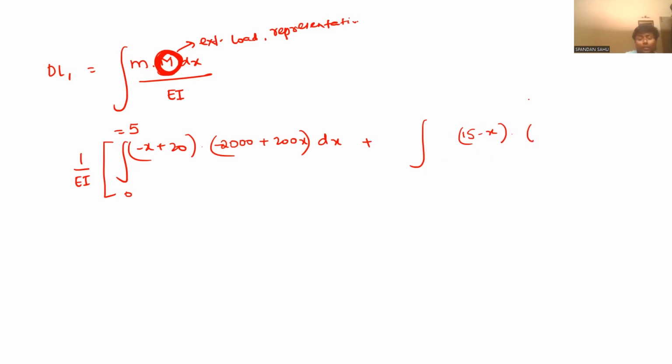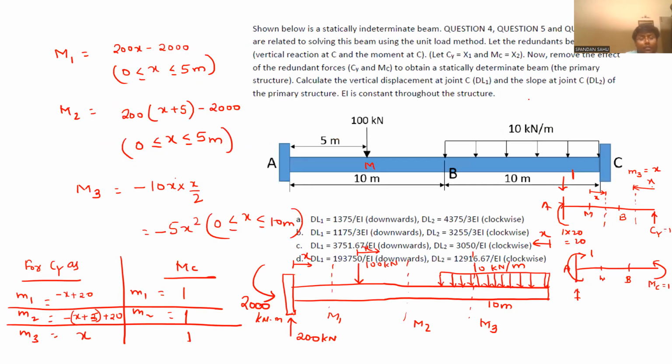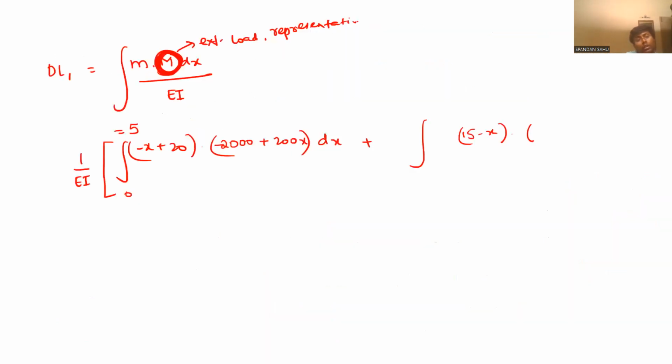And capital M is 1000 minus 2000, so 200 into x plus 5 is 1000 plus 200x minus 2000 dx. This will be from 0 to 5. The third integration will be from 0 to 10.